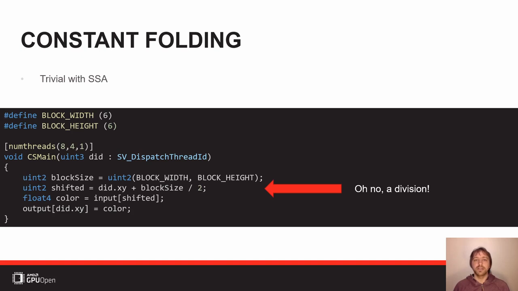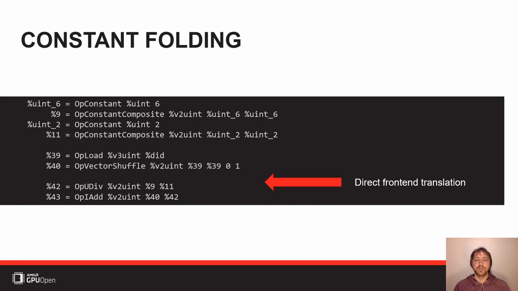Now, how this looks in practice is something I want to illustrate, in this case with SPIR-V intermediate representation. Now, this is SPIR-V as it comes out of the front end directly. And you can see there at the top that it defines literal constant 6, which was the block size. And in fact, even the two-component vector, both of whose elements are 6. The same with 2, and then there is an explicit division operation. Now, the compiler, during constant folding, looks at this division operation, and it looks at the operands, right?